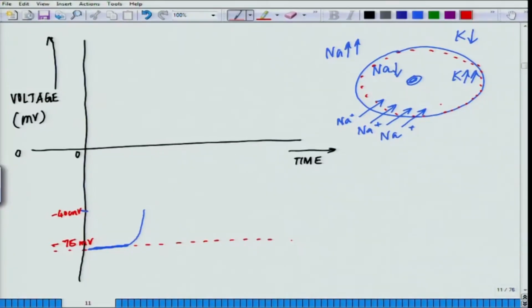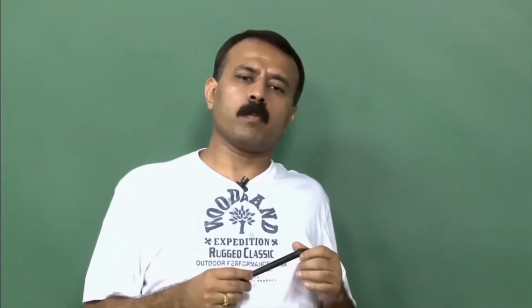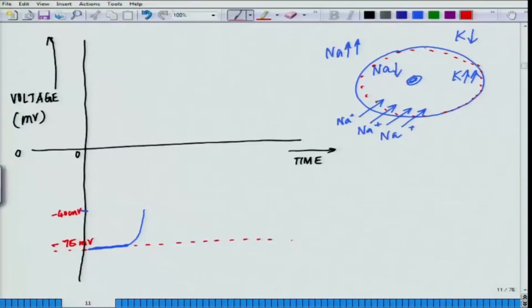So much so, 5 or 6 of them bring it to minus 40, and then in unison all of them open. All of a sudden it looks as if the membrane collapsed, failed to really handle the sodium. So, all the sodium gets into the cell, sodium entry is taking place.